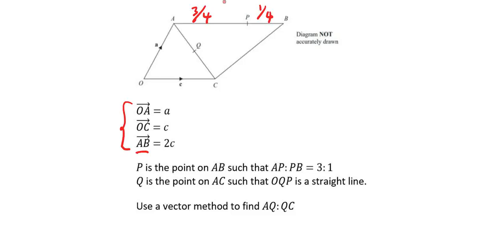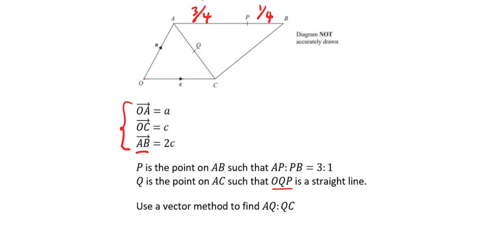So Q is a point on AC. This is AC. Q is a point over there, as you can see, on AC, such that OQP is a straight line.